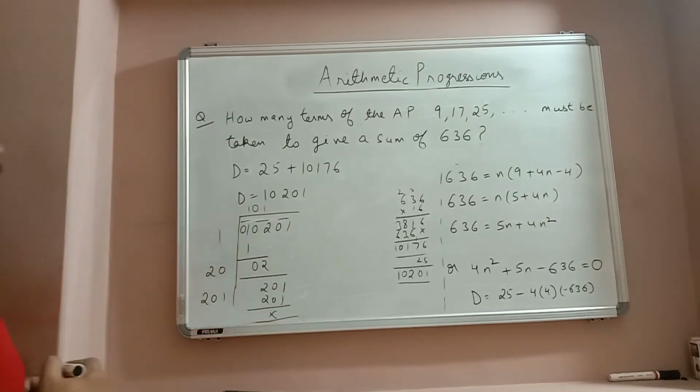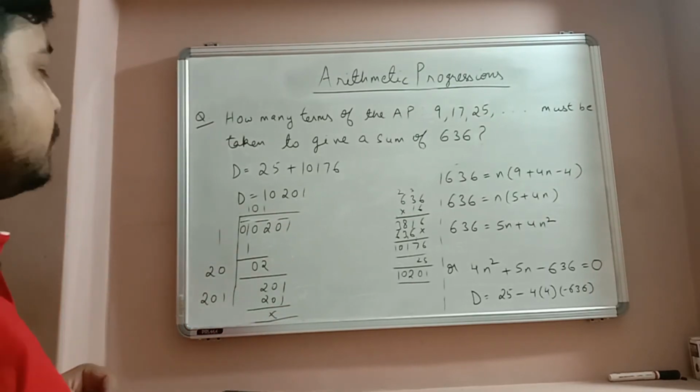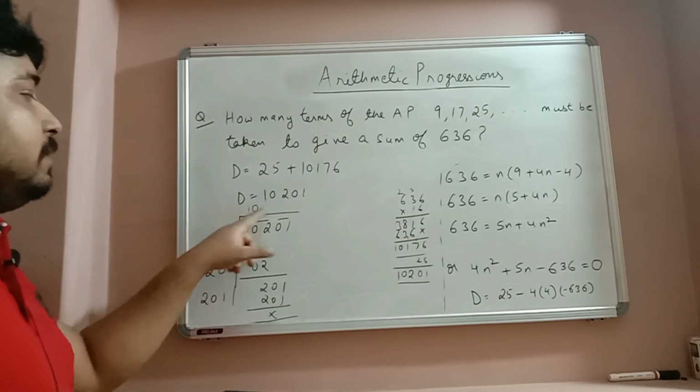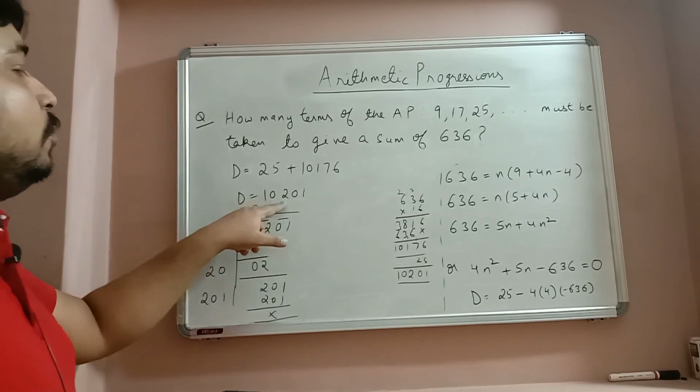So the square root of 10201 is 101. 101 is the square root of 10201.